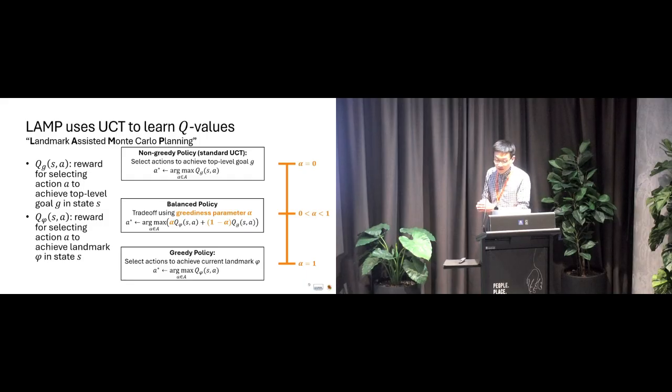This can converge quickly, but again, it suffers from that short-sightedness issue that I just described. Our algorithm, LAMP, generally uses a balanced approach. It chooses some alpha between 0 and 1, and that considers both the intermediate landmark and the final goal when making its decisions about which actions to execute. It does so using a weighted combination of those Q values.